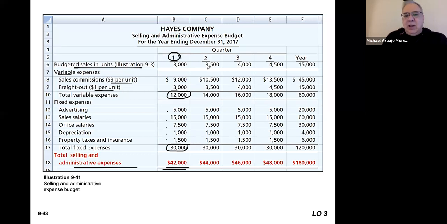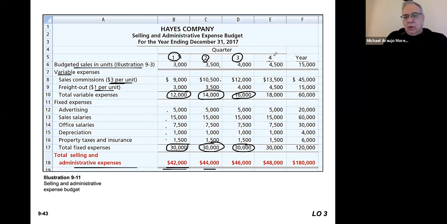And again, same thing happens in the second quarter. They're selling more units. So again, if it's $3 a unit, you're selling more units, you'll have a higher sales commission budget, you'll have a higher freight budget, and your variable expenses will be higher. Your fixed expenses are going to be the same. Same thing here. In the third quarter, you're selling 4,000 units. So those variable expenses are going to increase based on that, but your fixed expenses are going to be the same.